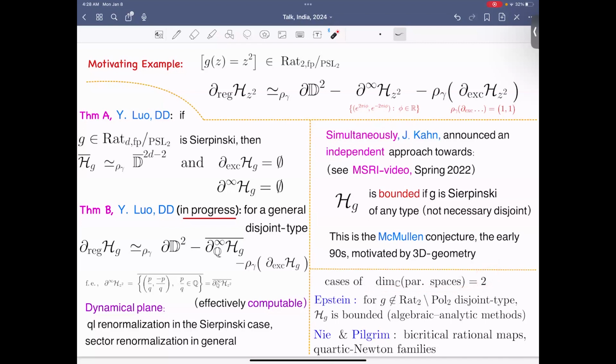Namely, Adam Epstein showed that disjoint type hyperbolic components in degree 2, which are not polynomial, are bounded. So in particular, some of them are not Sierpinski. And later, Nie and Pilgrim extended this approach with new ingredients to some other cases. But these are restricted spaces, so they are not full parameter spaces.